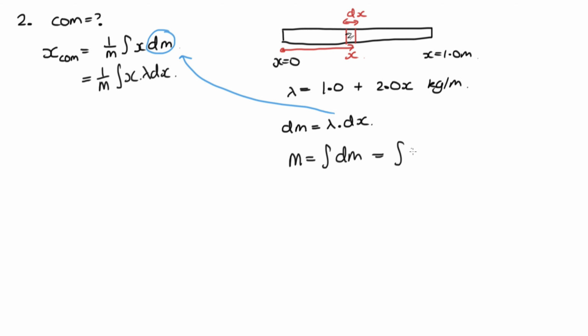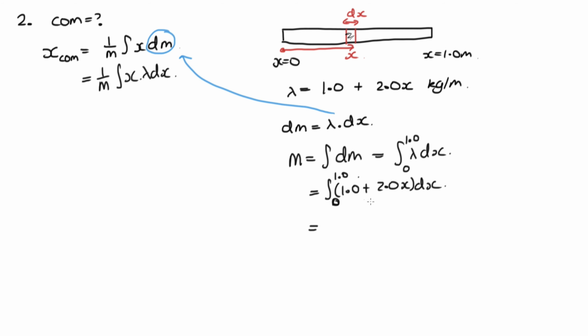So this is equal to lambda dx, and we're going from one end of the rod with x equals 0 to the other end with x equal to 1. And so we can substitute in our expression for lambda here. We've got the integral of 1 plus 2x dx from 0 to 1.